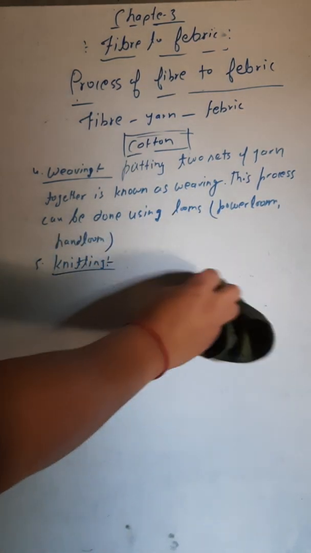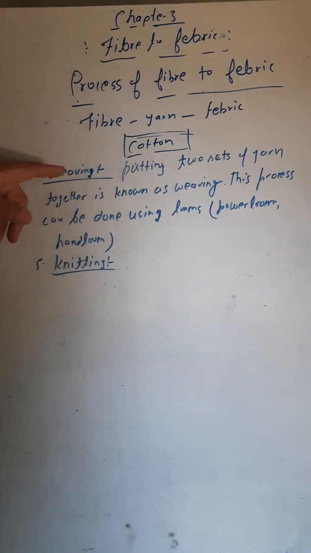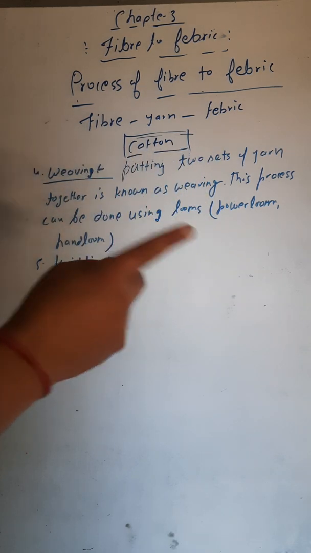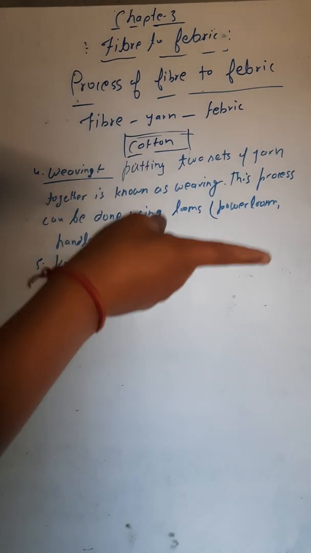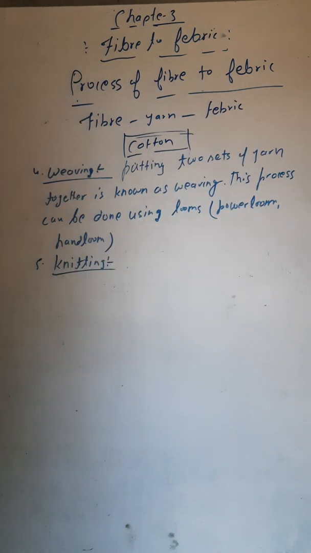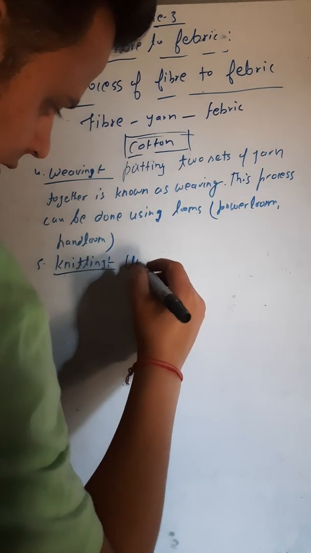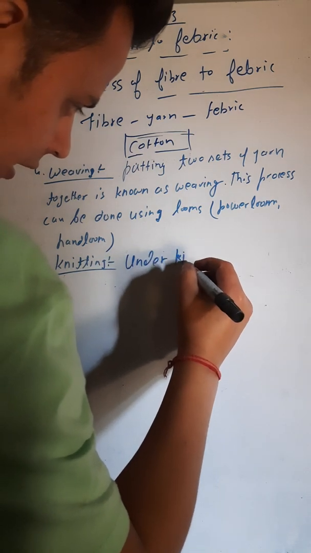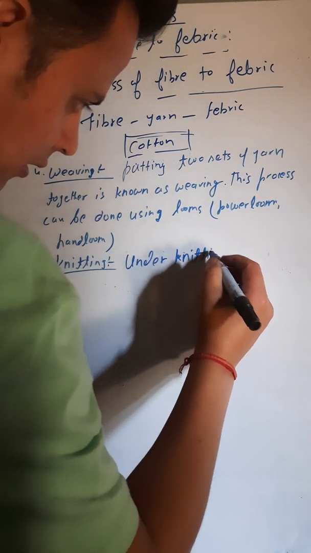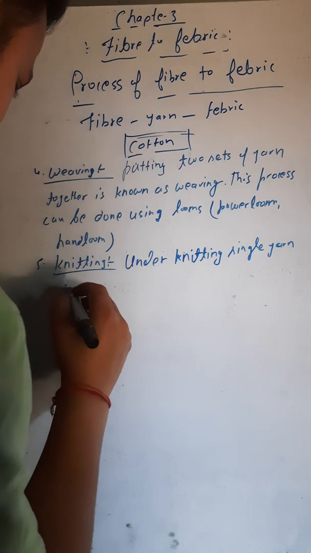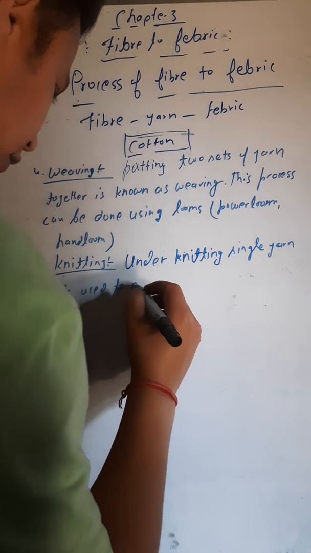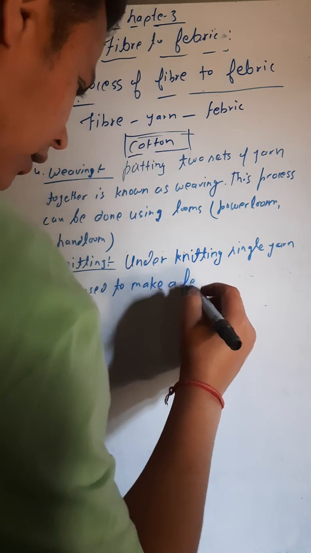So the difference between knitting and weaving is that in the process of weaving, we take two sets of yarn and we interlock them like this. Okay, but in the process of knitting, we take a single yarn and with the help of single yarn we make the fabric. So here you can write: under knitting, single yarn is used to make a fabric.